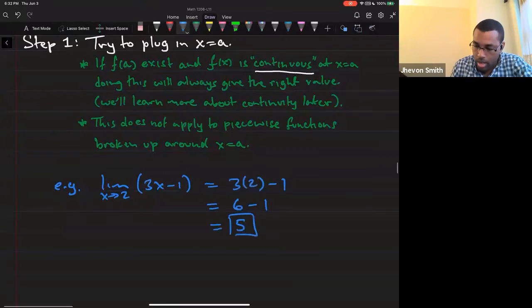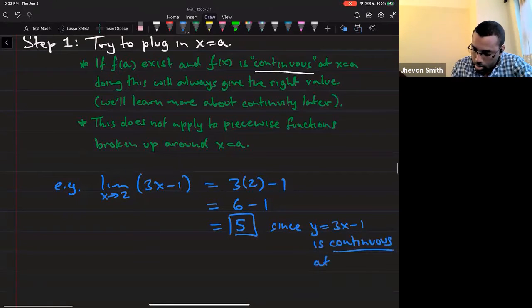And that is because the function is continuous at x equals 2. Therefore, the limit and me evaluating the function will agree at x equals 2.